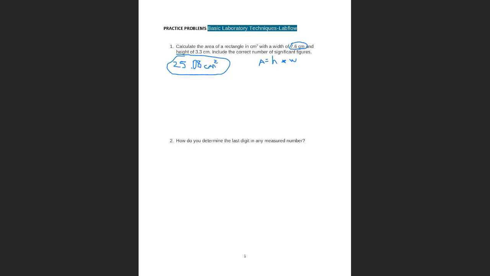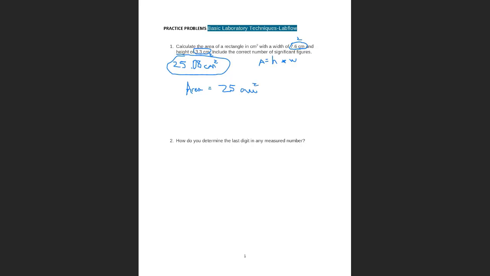How many sig figs has 3.3? 2. So our answer cannot have more sig figs than 2. So how are we going to report the area? I want to say we're just 25 square centimeters. Yes, great, awesome, perfect.